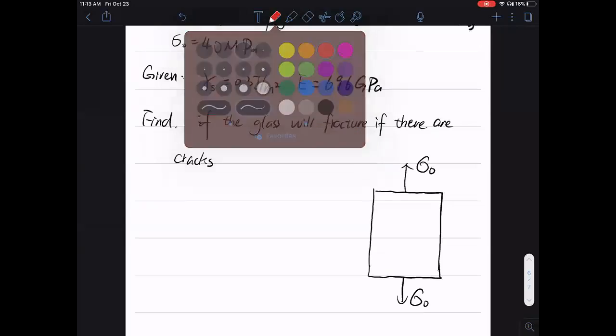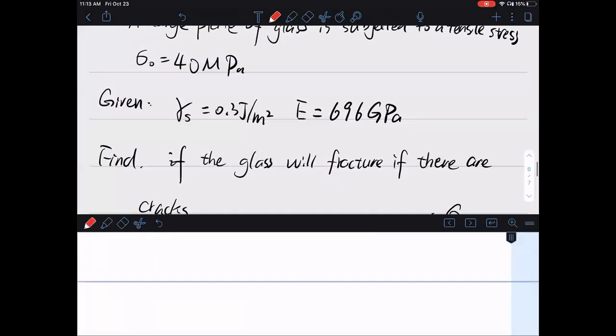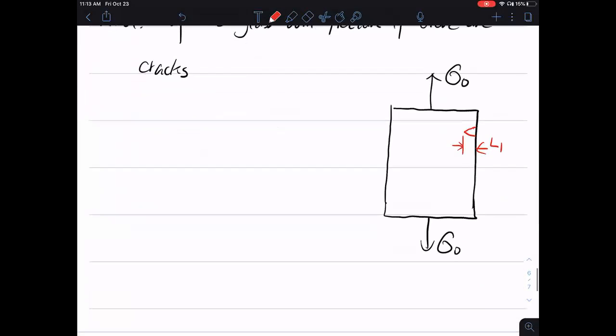Okay, let me draw the cracks here. Okay, we have a couple cracks. The first crack, let's call this length L1. Another crack, it's inside of this glass. Let's call this length L2. And third crack, it's on the surface here. Let's call this length L3.